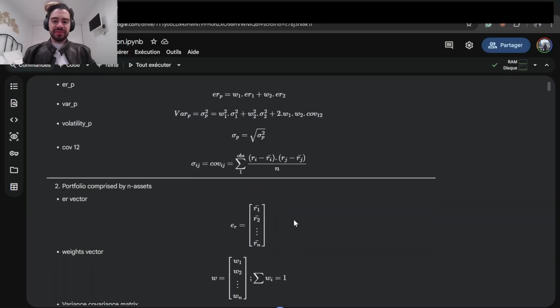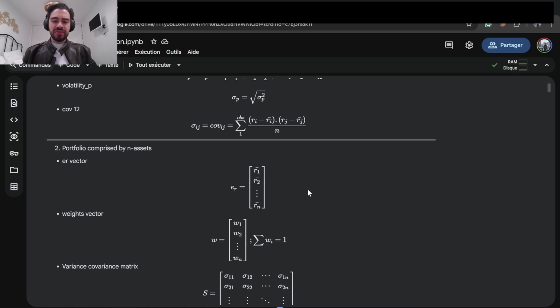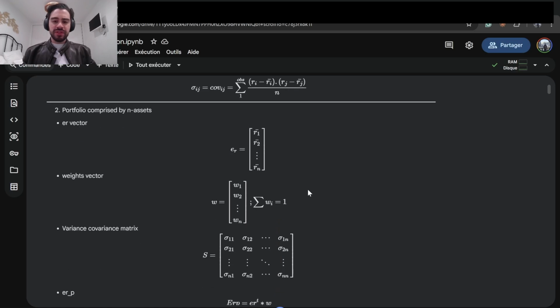Let's start coding. One of the most important things to know about the MVO is that most of the time we're going to be using something called vectorized operations. Why? Because we'll be dealing with more than 100 assets, and with vectorized operations you optimize computational power because they work in parallel.